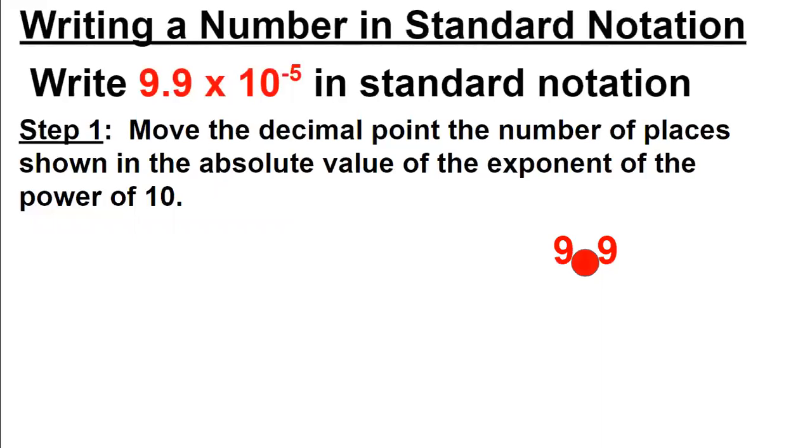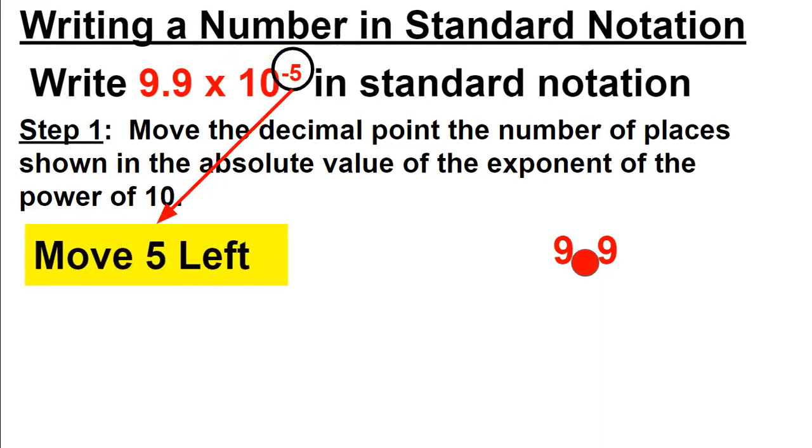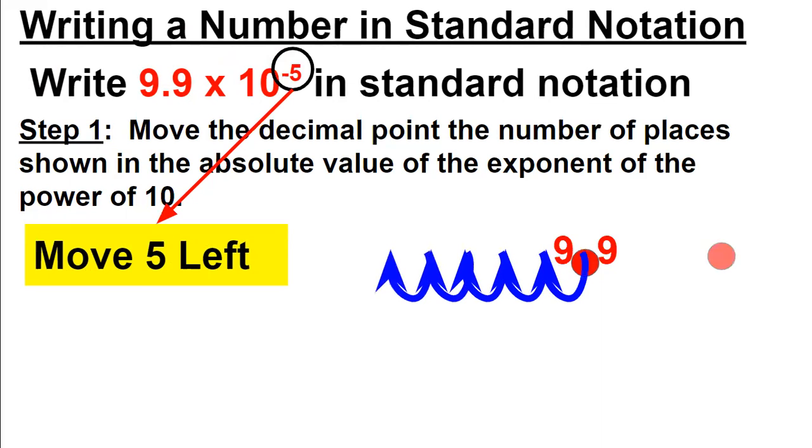There's our decimal point, nice and big so we can see it. There's where we're going to move it. So we're going to move it 5 to the left. So here's the first move. 1, 2, 3, 4, 5 units to the left. And our decimal is now going to be put in that spot. Okay, and now what are we going to do with our empty spaces?